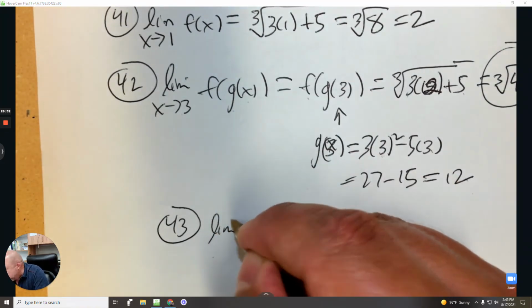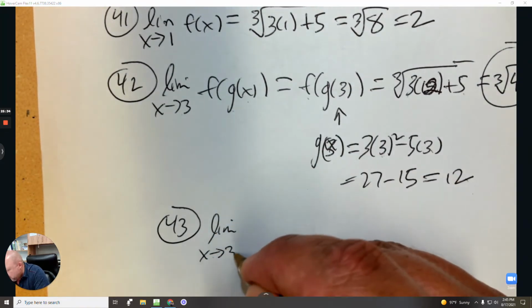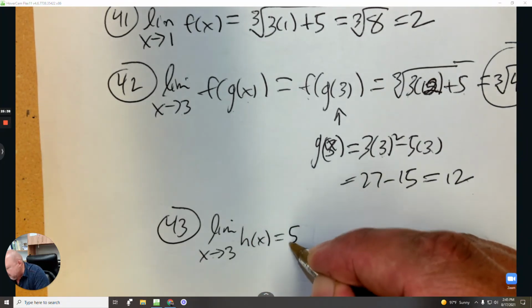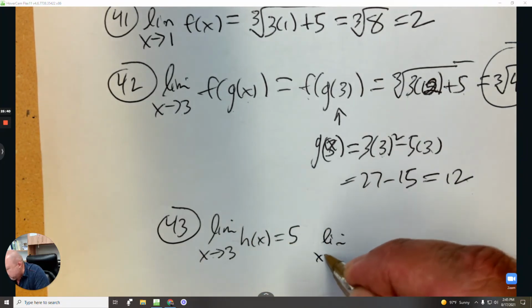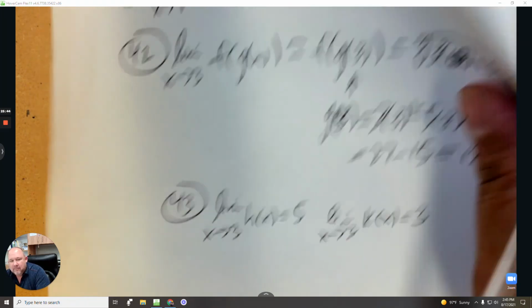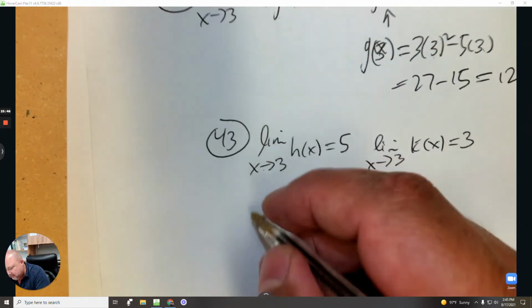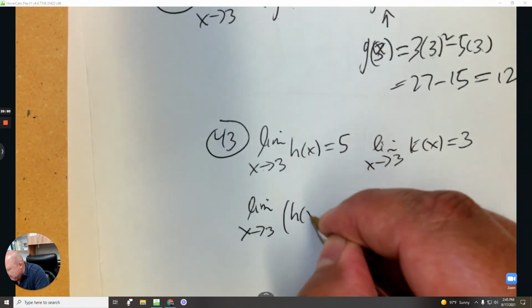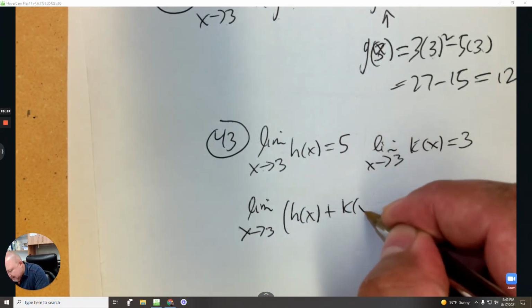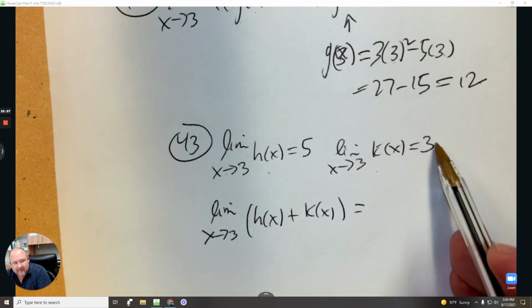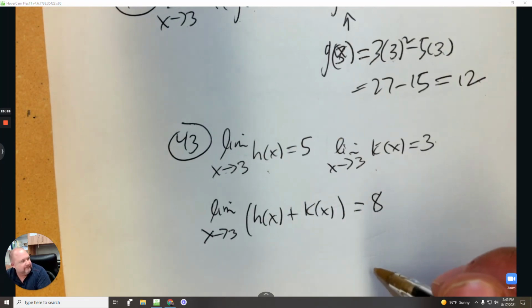So the limit as x approaches 3 of h at x equals 5. The limit as x approaches 3 of k at x is 3. And so here are some properties of limits that you can do arithmetic with. So the limit as x approaches 3 of h at x plus k at x. You have both values. You're just adding these together. So the answer is 8.